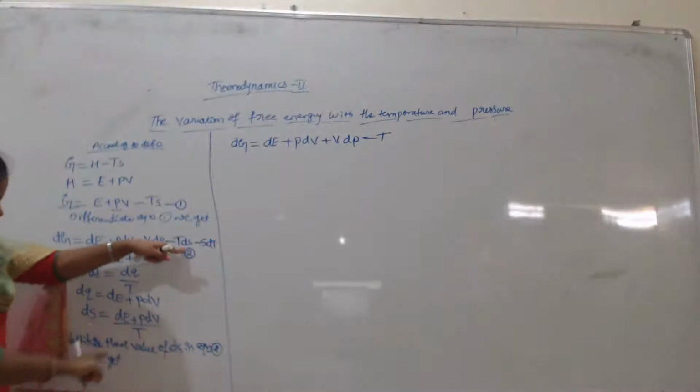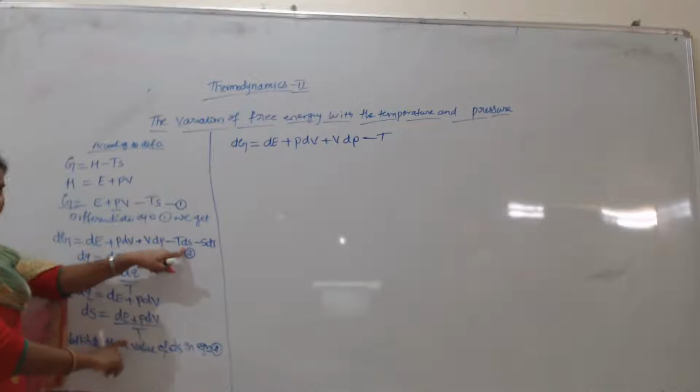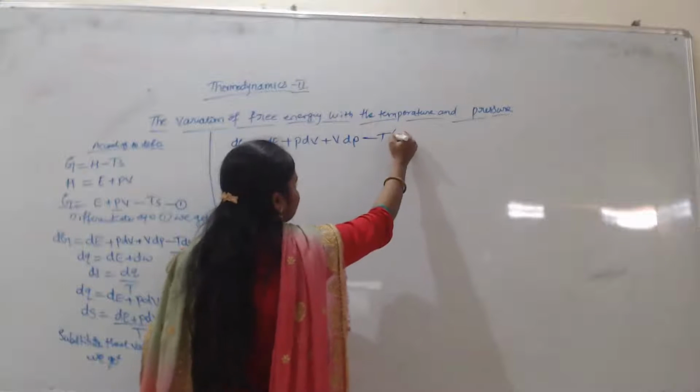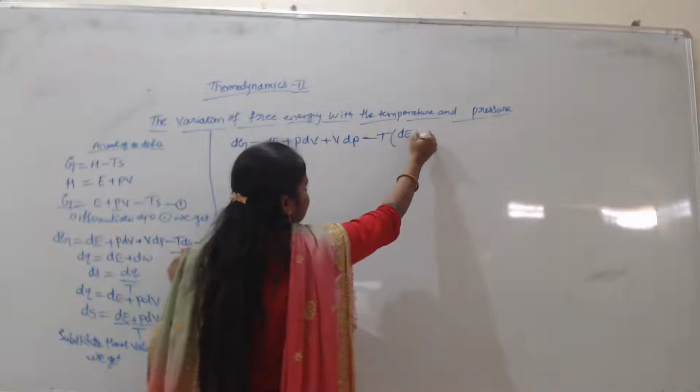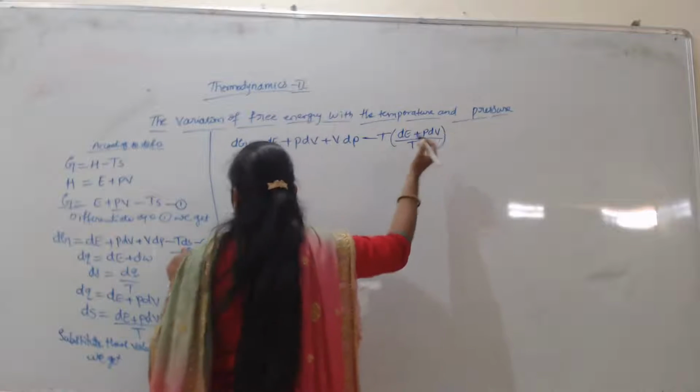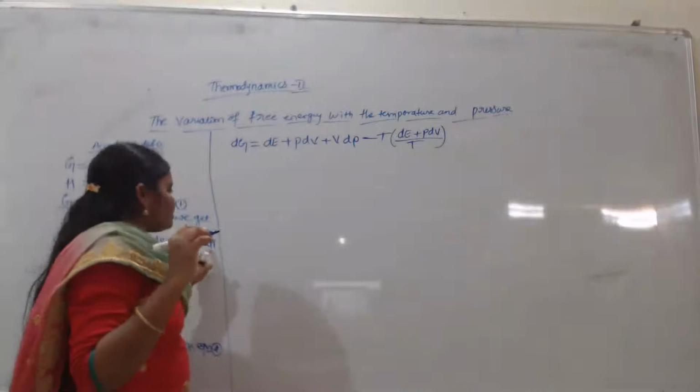The dS value is dE plus P dV divided by T. Here I write dE plus P dV divided by T, minus S dT.